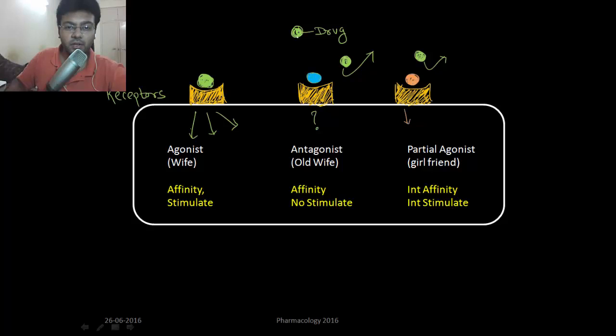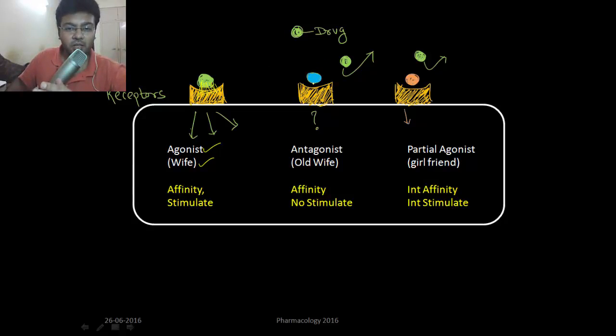Now we'll see how the drugs are acting on different sorts of receptors and what category of drugs they are. Let's see if we have a drug which has high affinity. It binds to the receptor very strongly and stimulates the cell very strongly. These are called agonists. These are like new wives, they bind strongly and stimulate the husband strongly.